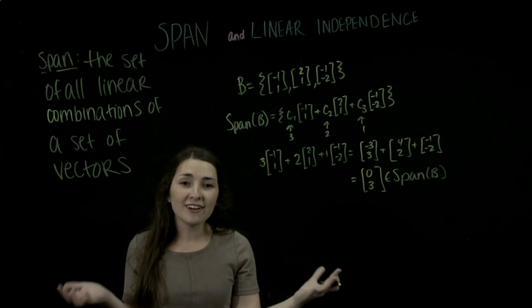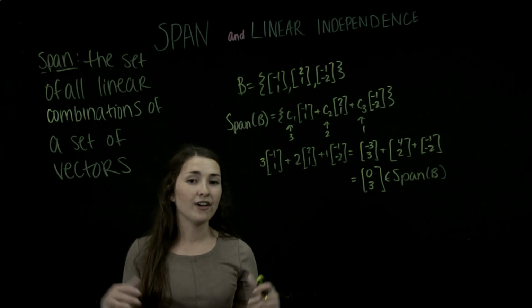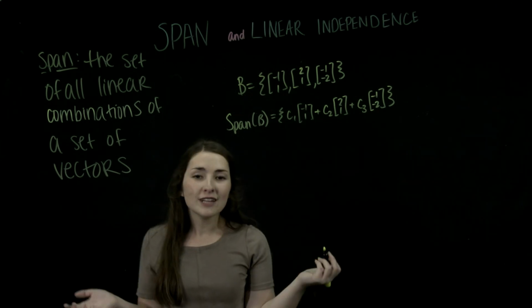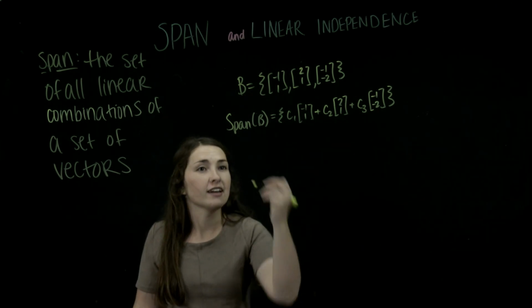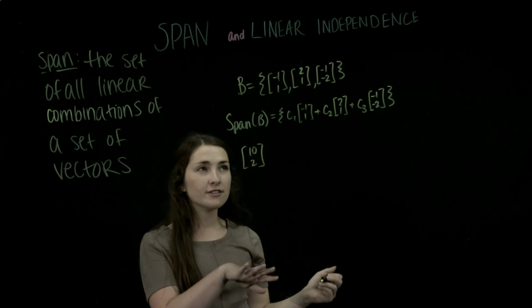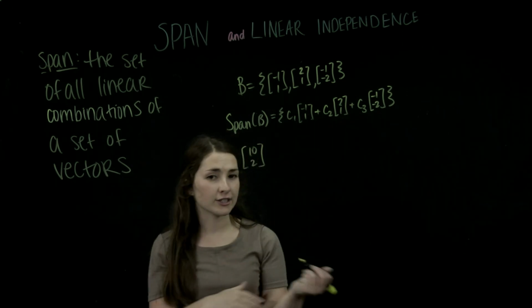Okay, so now if we wanted to find a specific value in our span, how can we do that? Let's say we want to create (10, 2). We want to construct it using these 3 vectors.